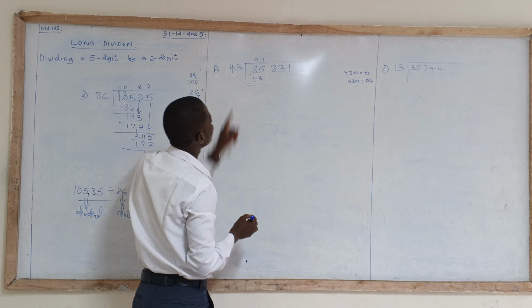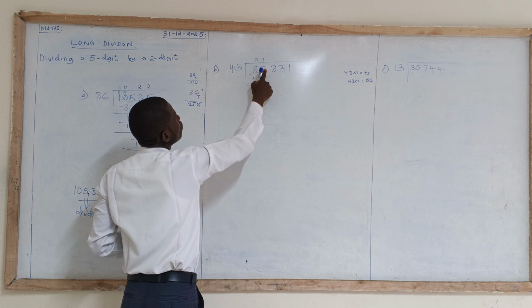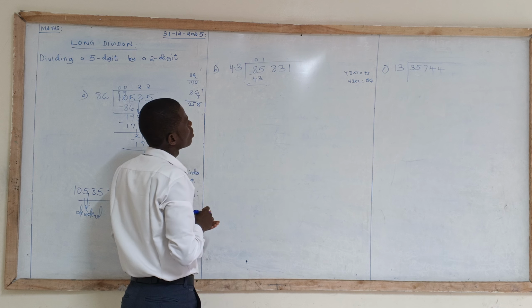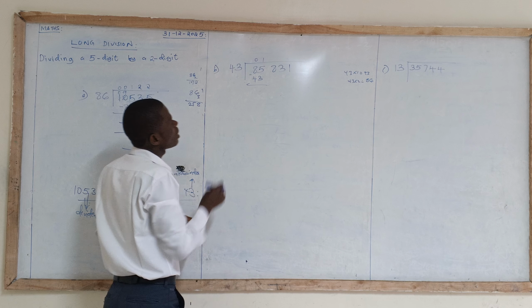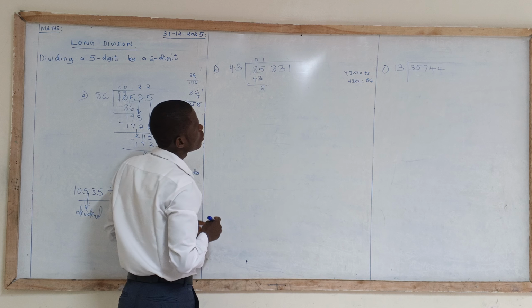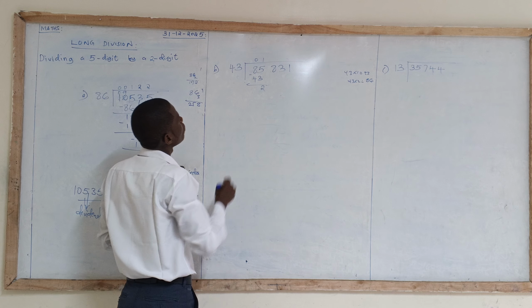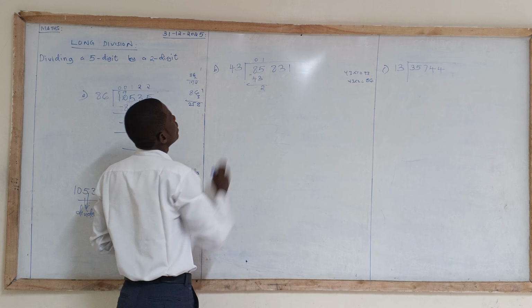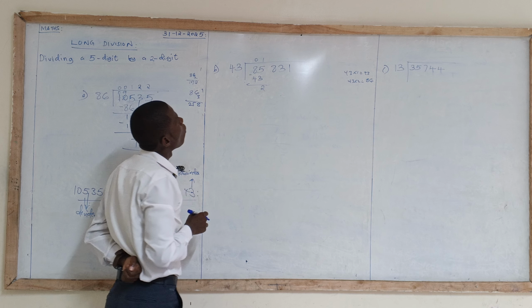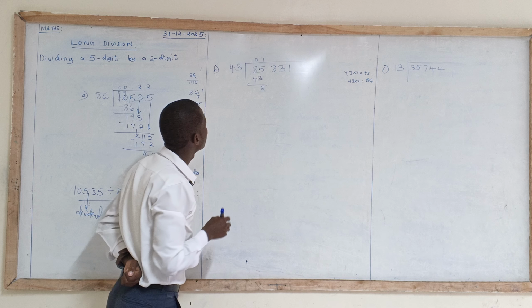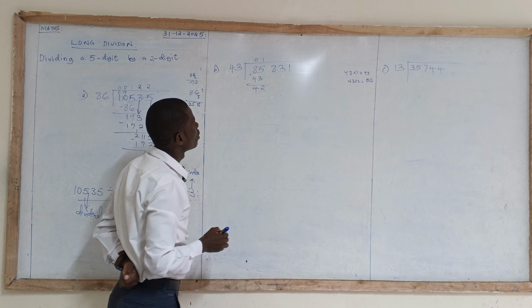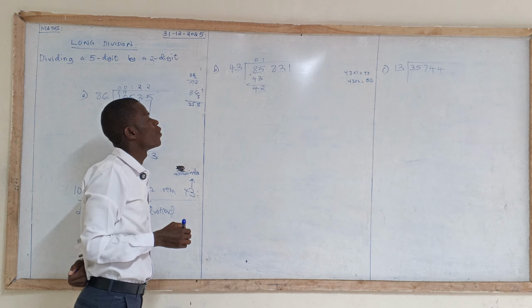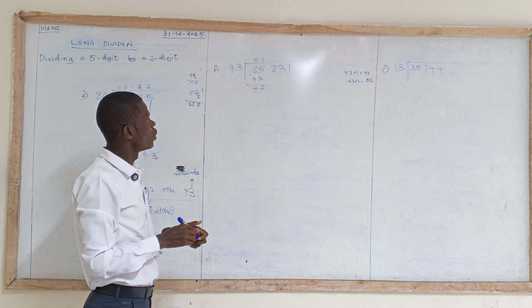The remainder is 5 minus 3. What do you have? That is 2. Then 8 minus 4, what do you have? That is 4. So we have 42.